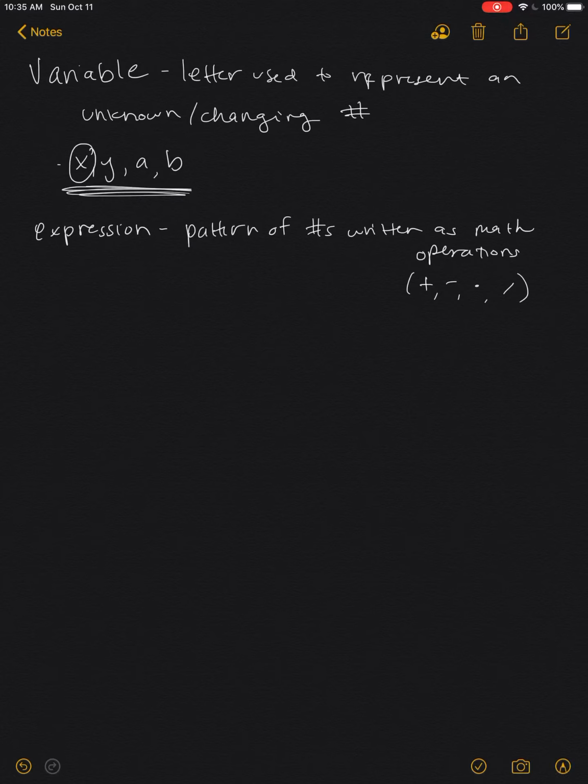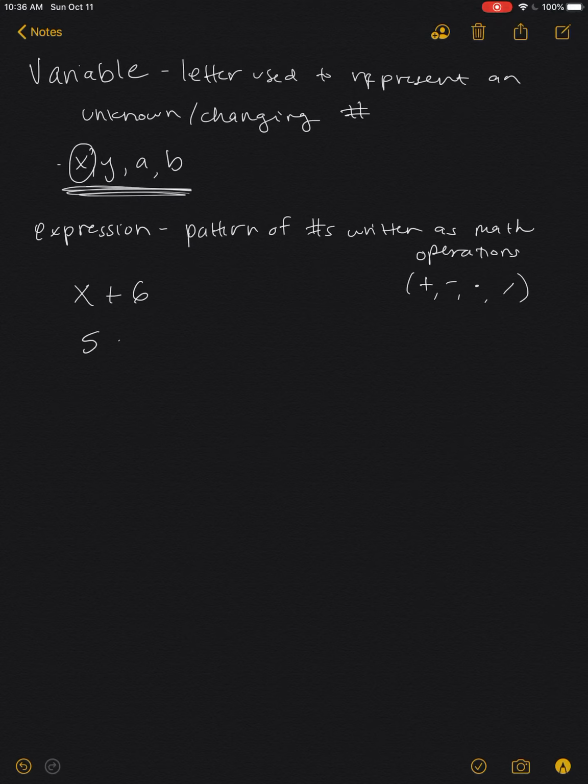So for example, we might have the variable x, right? And then we can make it an expression by saying the number x plus 6, right? And so depending on what x is, it's going to change your total number, right? You always add 6 to whatever your unknown number x is once you figure it out.